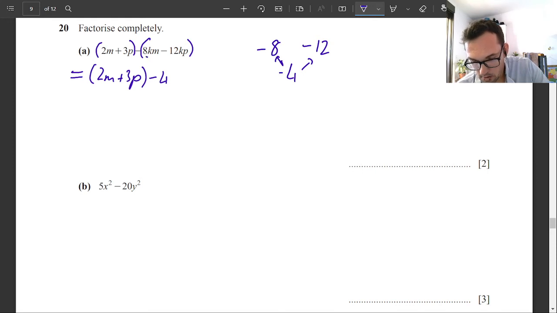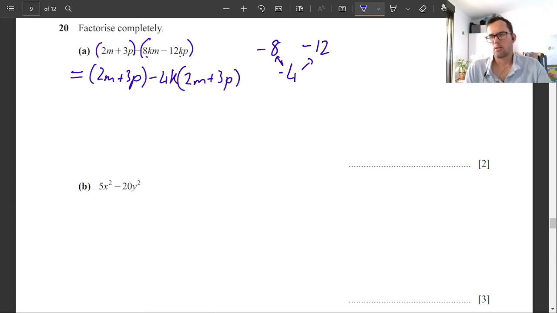And also, okay. Then inside the bracket, I'm going to put k minus 4k times 2m is minus 8k, and minus 4 plus 3p equals. Okay, do you understand that, or did I go too fast?